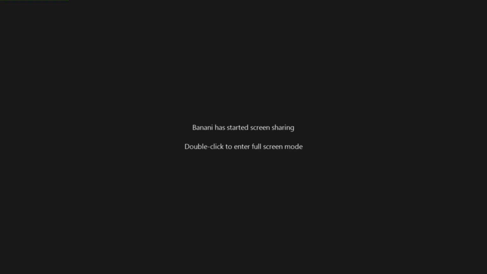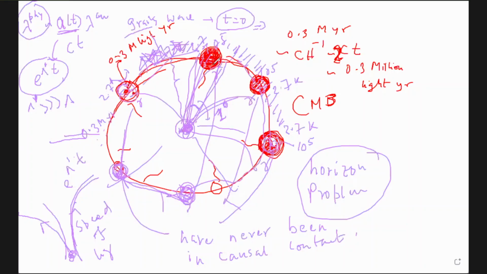Not from us, from their point of view. So you said the dimension of the bubble is also 0.3 million light years. Not dimension, the causal size. If a person existed inside that bubble, he'll see 0.3 million light years apart.